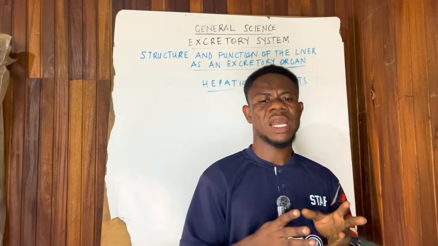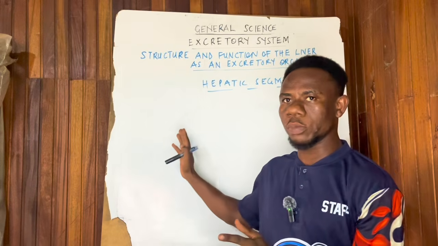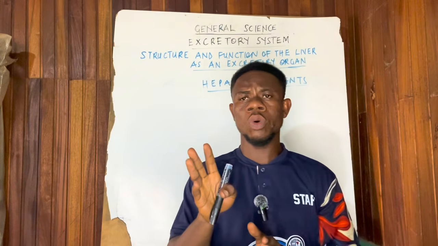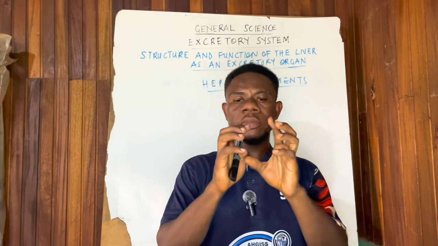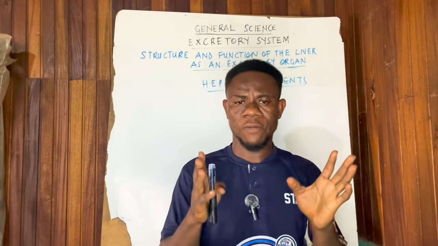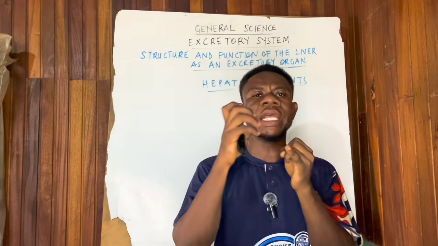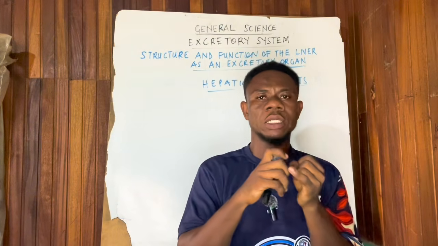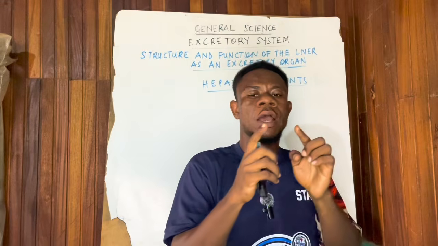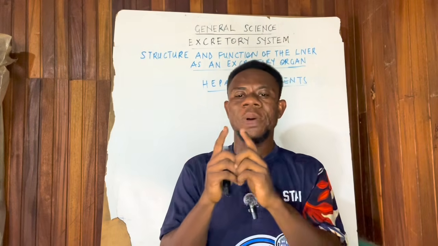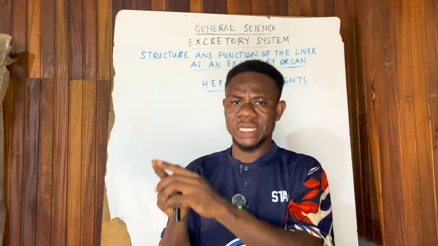Now, because of time, I'm not going to write all of the segments on the board, but I will illustrate it in a tabular form for you to see. So we have segment I, and the name of the first segment is the caudate lobe, and the location of the caudate lobe is the posterior part of the left medial sector.